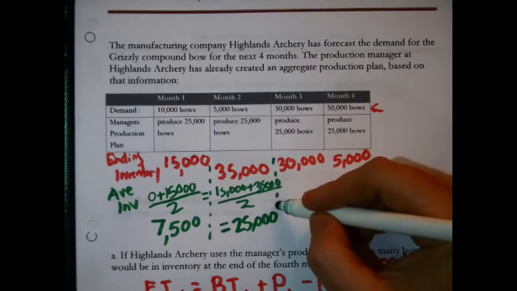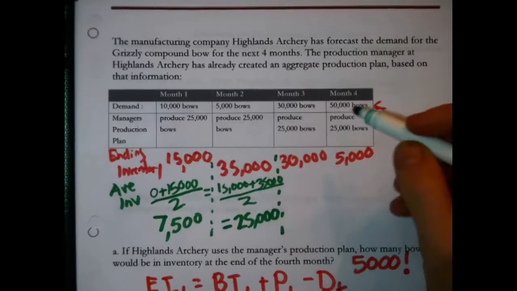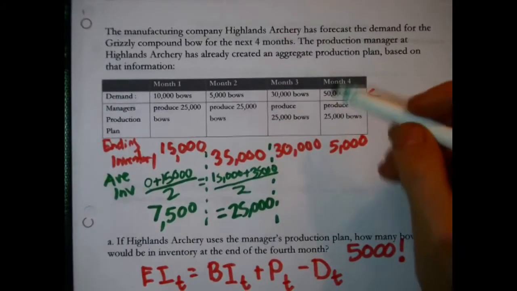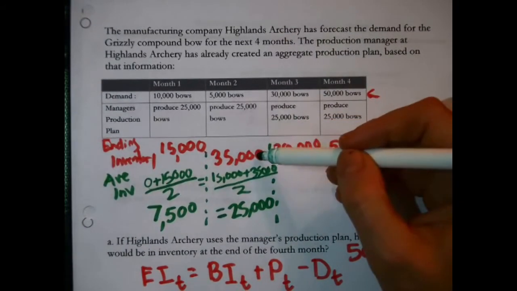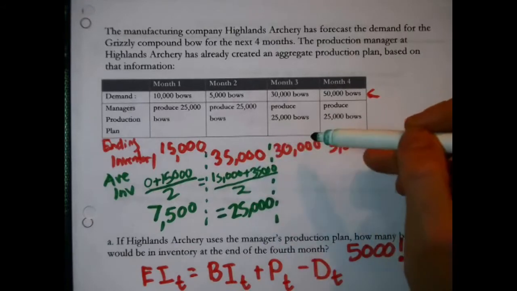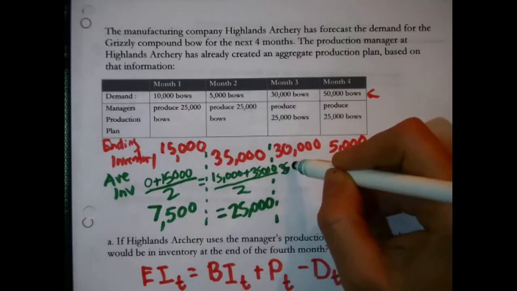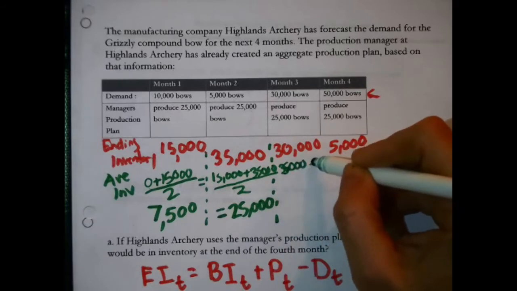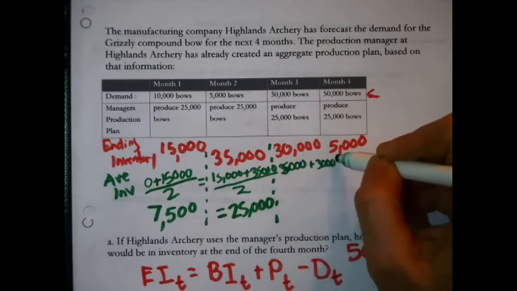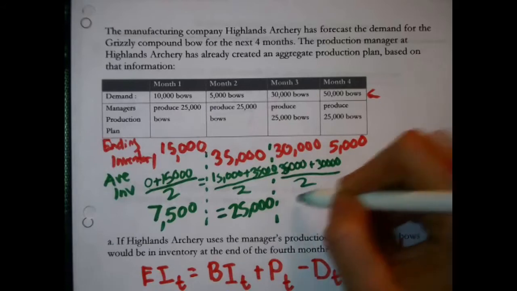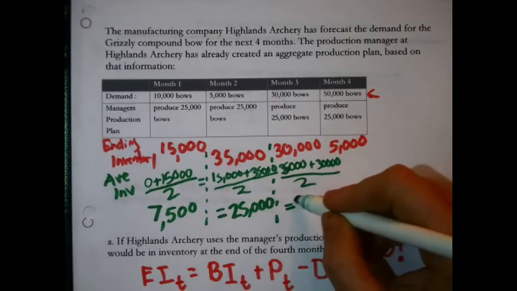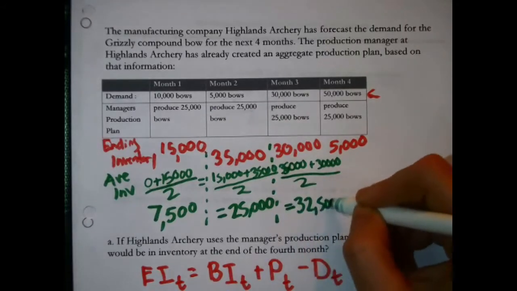That was just for the second month. For the third month, the third month begins with that 35,000, ends with 30,000, so you want to say 35,000 plus 30,000 divided by 2. I get 32,500.